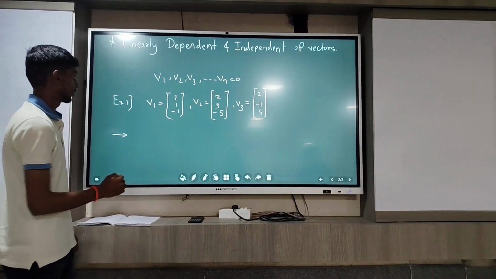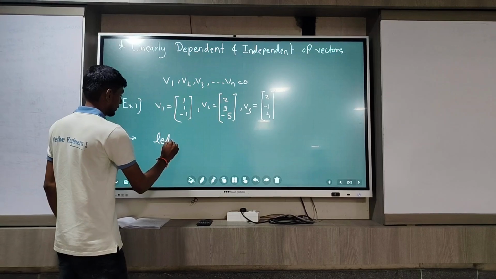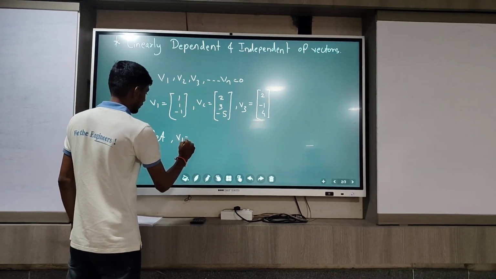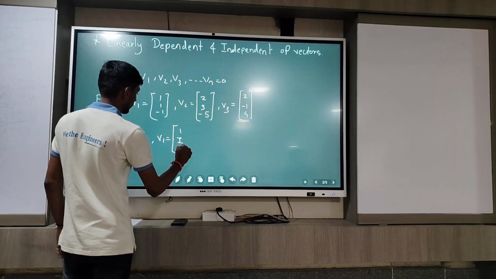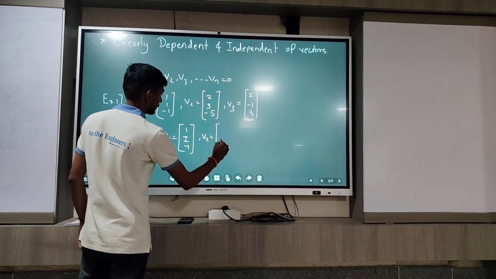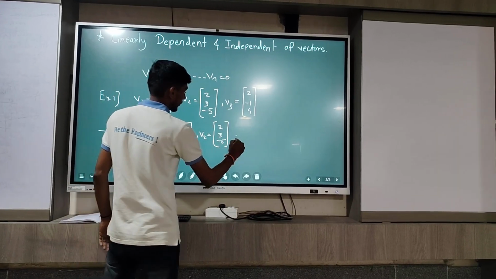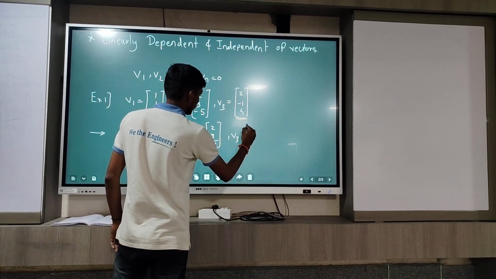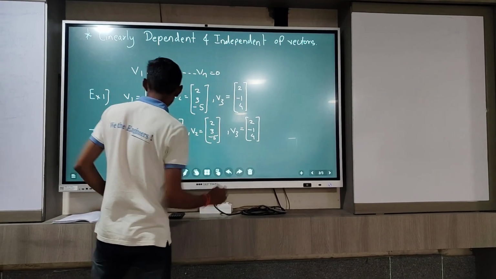First of all, we consider this example. Let v1 equal 1, 1, minus 1, v2 is equal to 2, 3, minus 5, and v3 is equal to 2, minus 1, 4.